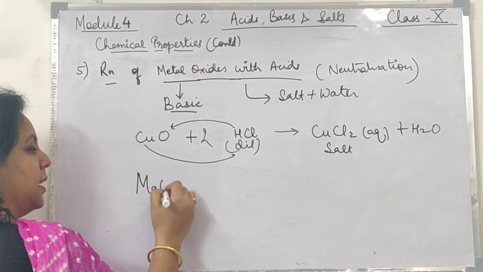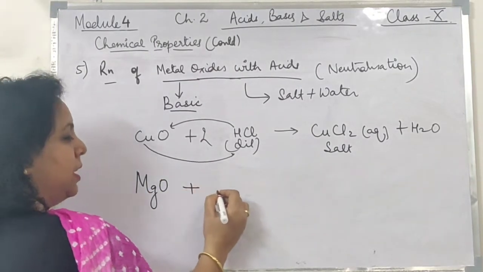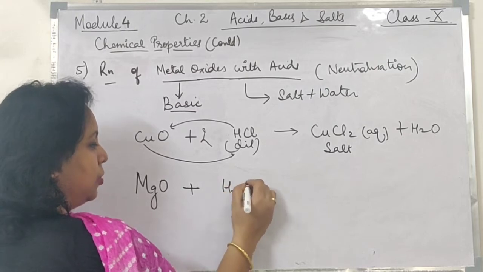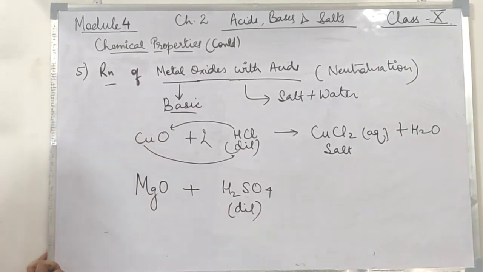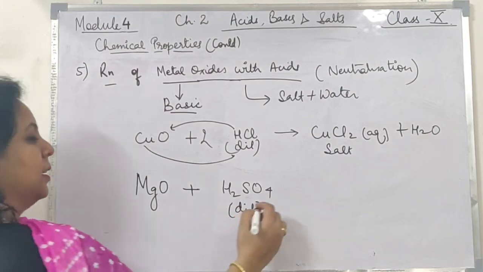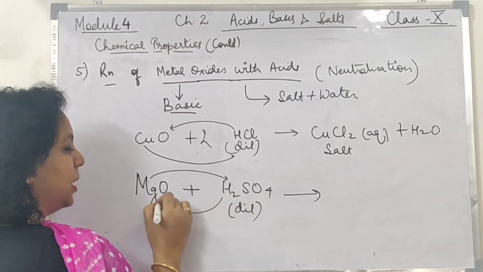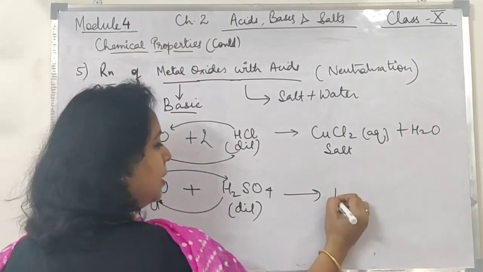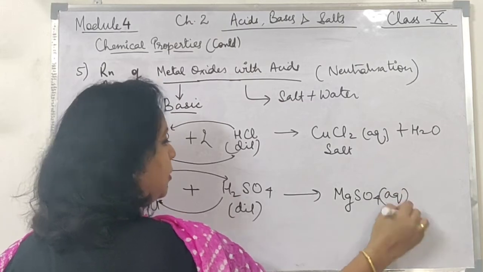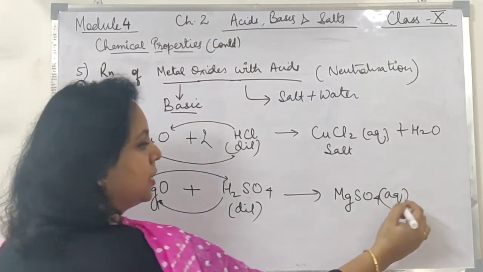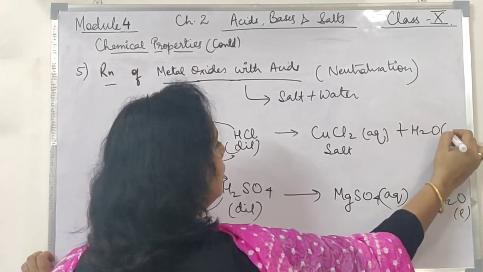Let us take this time magnesium oxide. Okay, we'll change the acid to dilute H2SO4, sulfuric acid. Again, what is going to happen? Exchange of ion, magnesium will come here, hydrogen will come here. MgSO4 in the dissolved state along with water.